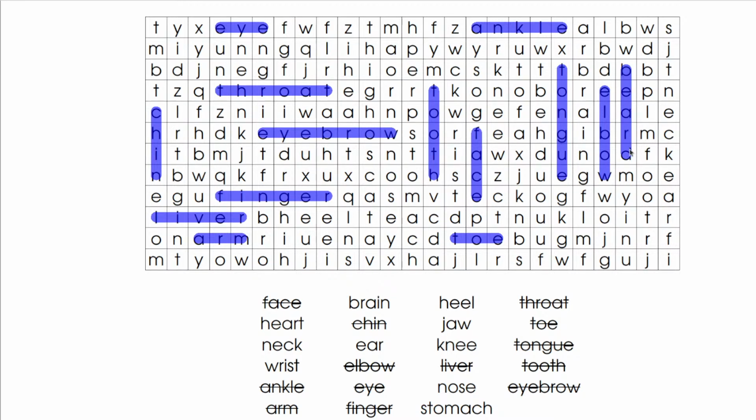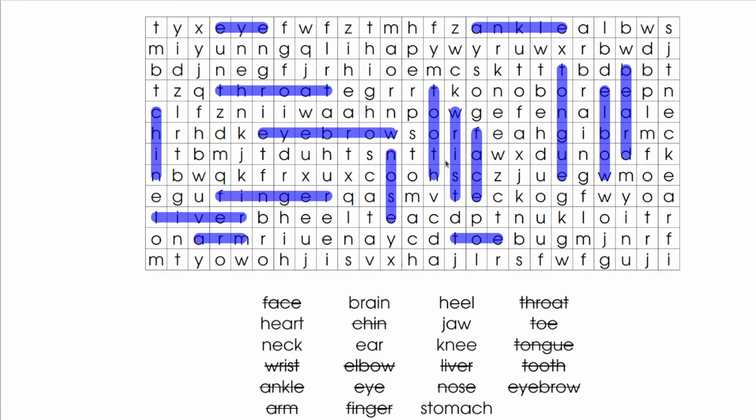A beard. That's hair that grows on near the chin, the face of men. Nose. You smell with. Wrist.